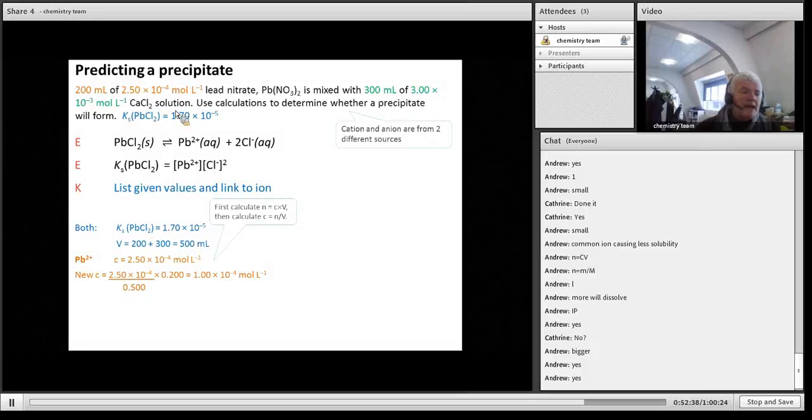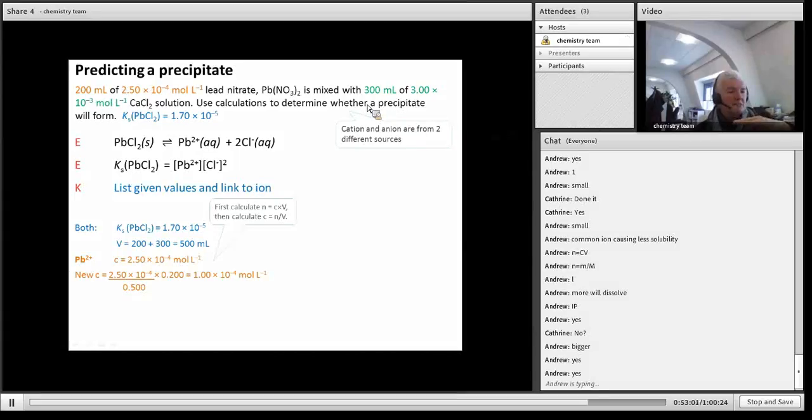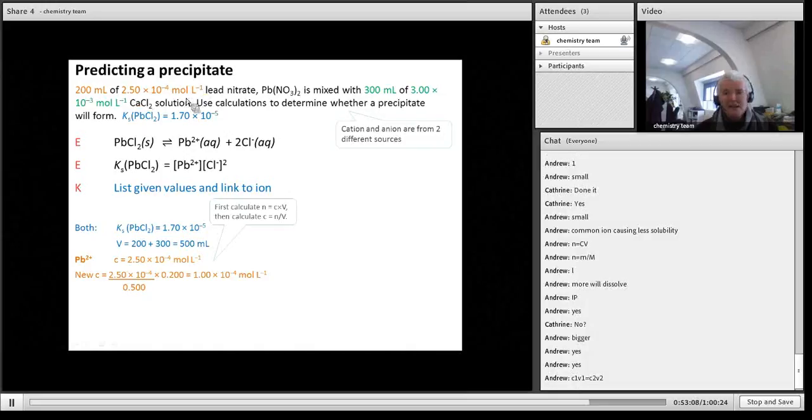Now, if I add any other solution to it that doesn't contain that lead or nitrate, well, lead's the one we're interested in, can you see if I add any other solution, I am still diluting it because I've given it a bigger volume. I've added together 200 mLs with 300 mLs, so now my beaker is half a litre. So I've diluted it. So I can't just say, there's my concentration of lead, put that in. There's my concentration of chloride, put that in. Go for it. You're going to be wrong.